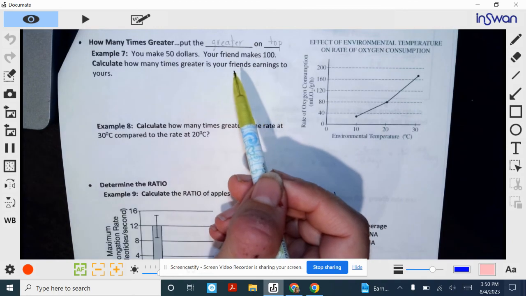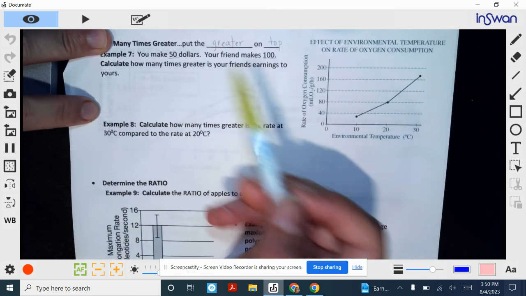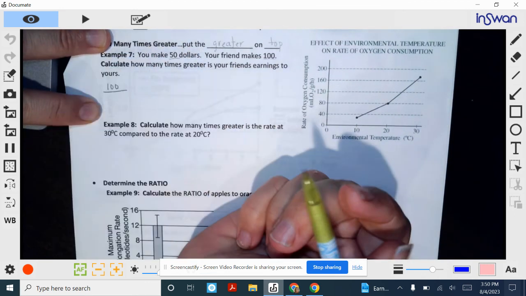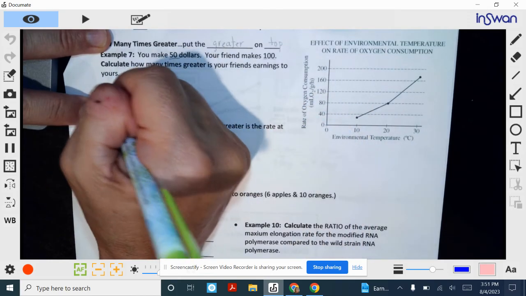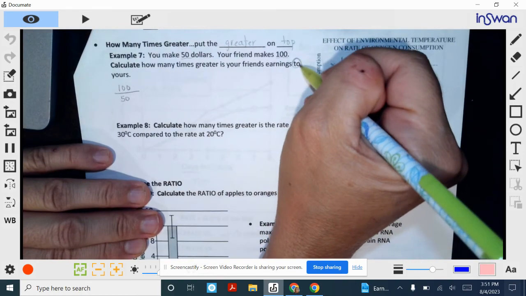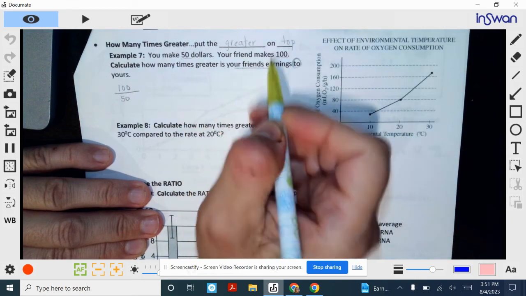Now, what that formula is, they took the greater number and they put it on top. 100 is what they're making compared to you, which is 50. Now, when you read these problems, this is a very important word. They want your friend's earnings.